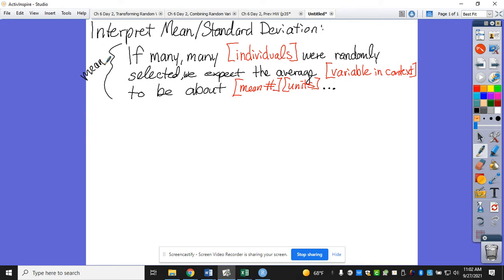And instead of rewriting that, I'm going straight into what is the definition of standard deviation? Average distance from the mean. So we're basically just going to write that out.